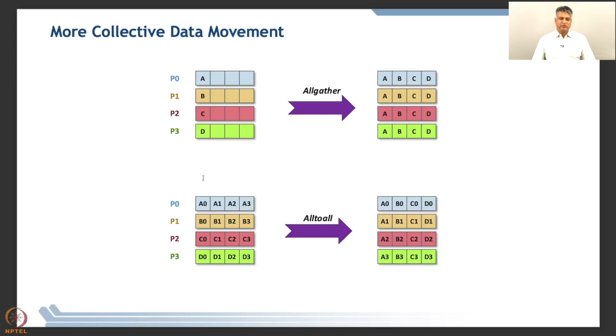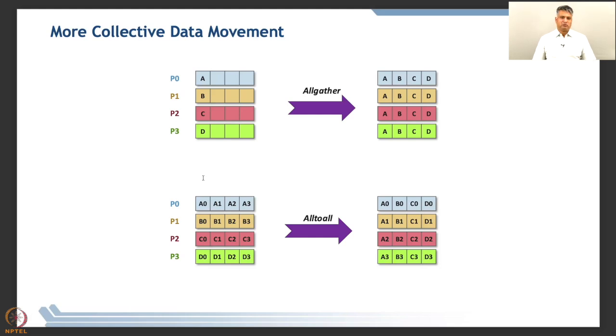C would have had to be communicated from P2 to P0, P1 and P3, and D would have to be communicated to P0, P1 and P2. So this would have resulted in 12 sends and receives. The all gather function does it together in one shot. All the sends and receives are hidden from the user, making it easier from the programmatic perspective.